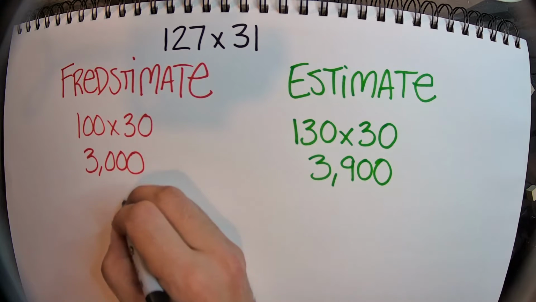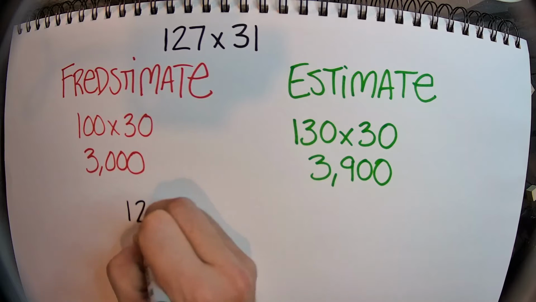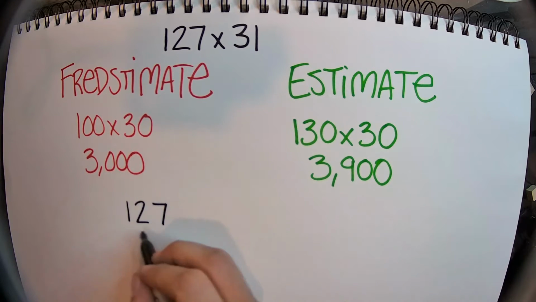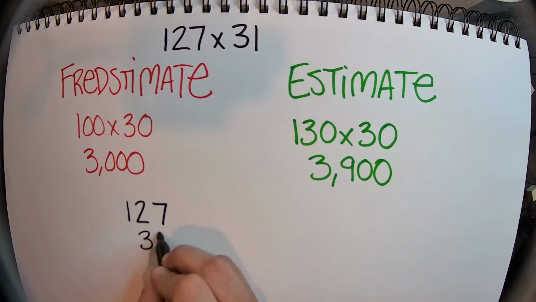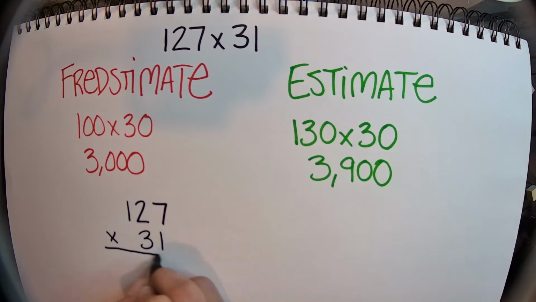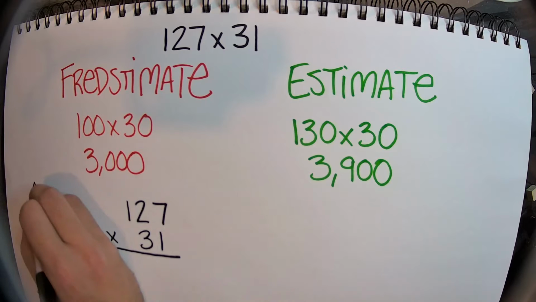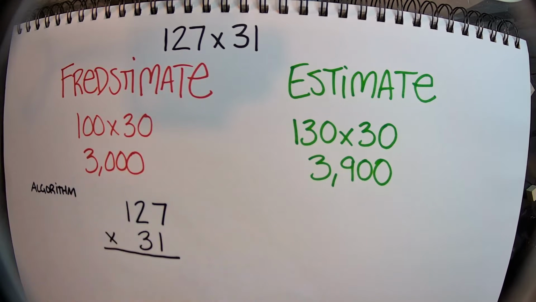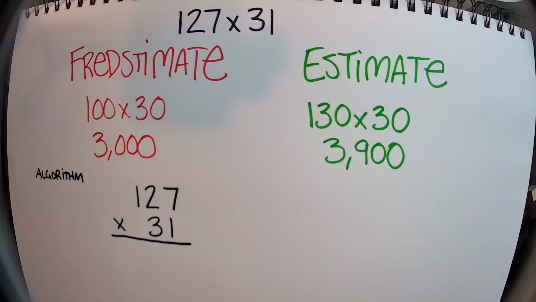So now we're going to go ahead and solve this two ways. All right, we're going to do the algorithm. That's the fancy word for multiplying like this. This is called the algorithm. I like this word because it's got THM, and I feel like that's fun.